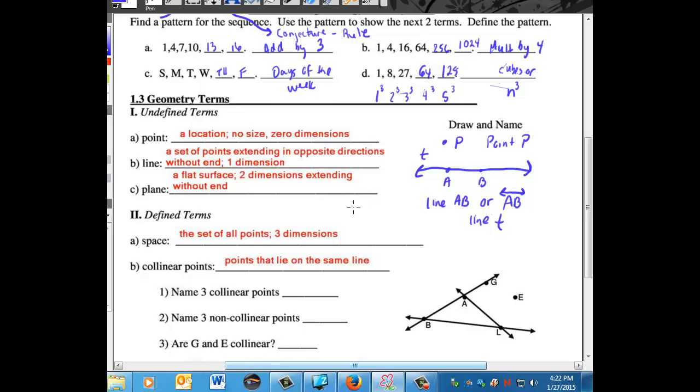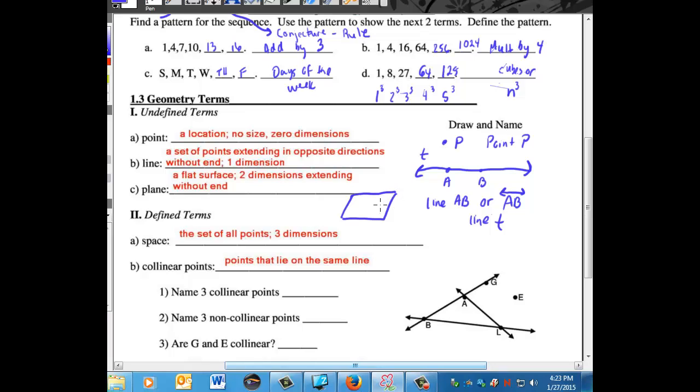Next, a plane. A plane can be any shape. Let's draw a parallelogram, and we're going to say that this is our plane. Now, a plane is going to extend forever. So even though it appears that the plane is only this space in here, it's actually going to continue on forever.